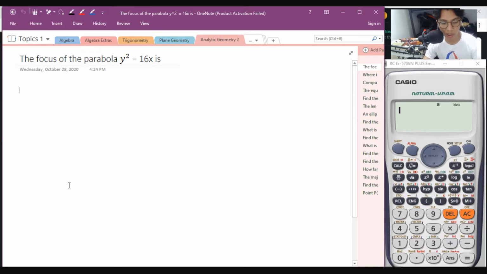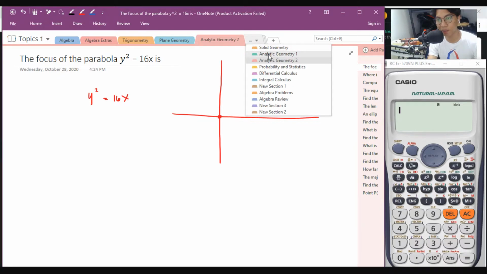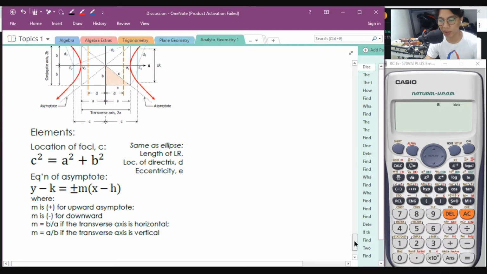Now, the focus of your parabola is y squared equal to 16x. Mas maganda kasi to, idinodrawing mo. Okay? Drawing muna natin siya. Meron tayong line dyan. Center niya, 0, 0. Ito, yung equation niya, kunin natin yung general equation ng parabola, analytic geometry.